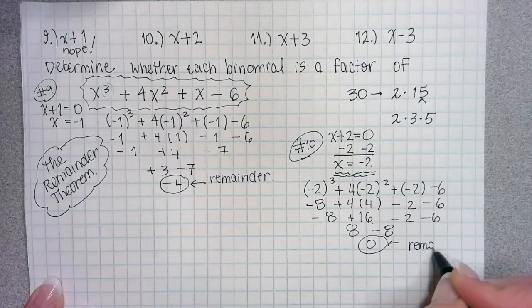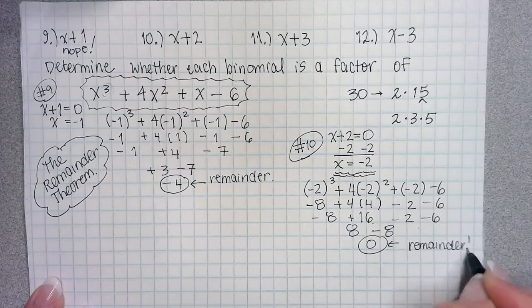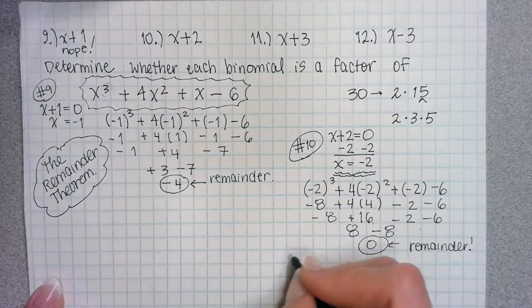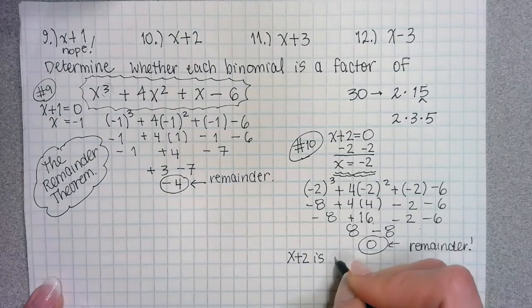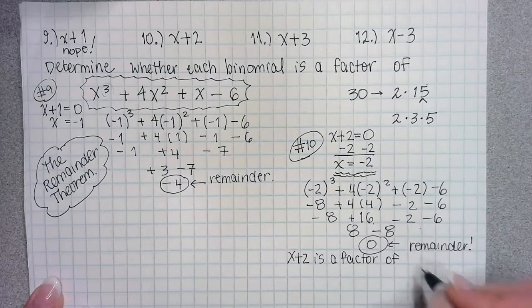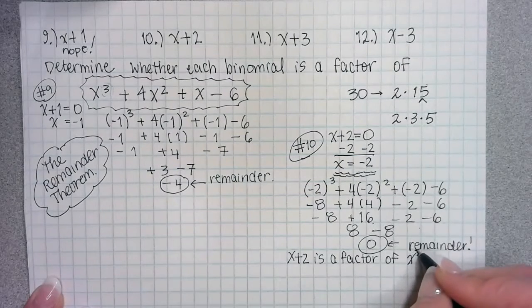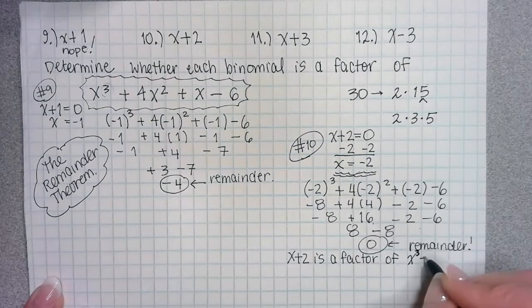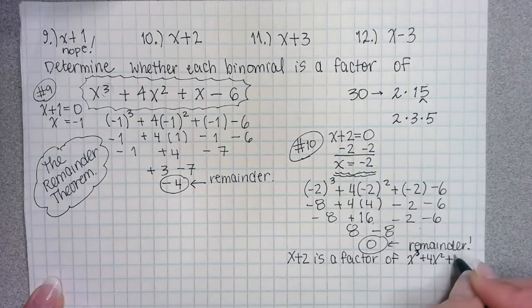Remainder is 0. So, what does that tell me? That tells me x plus 2 is a factor of x to the third plus 4x squared plus x minus 6.